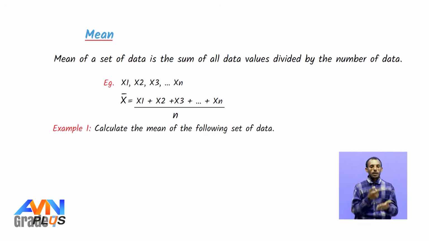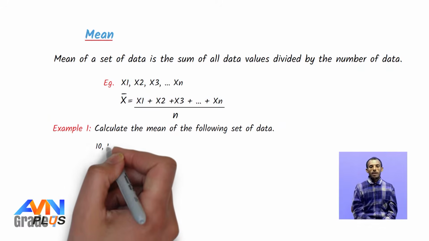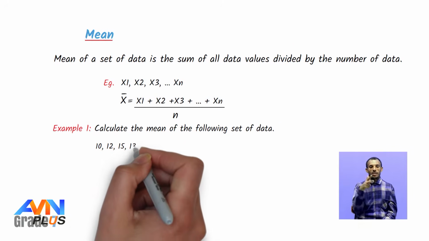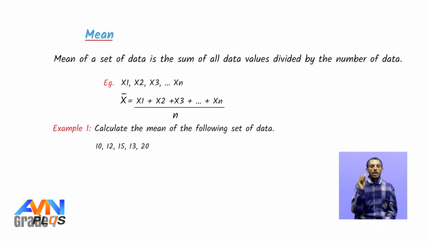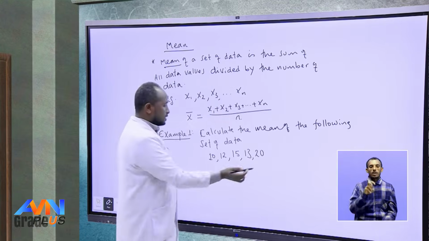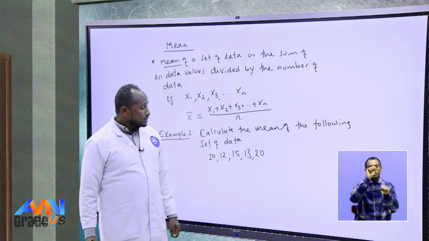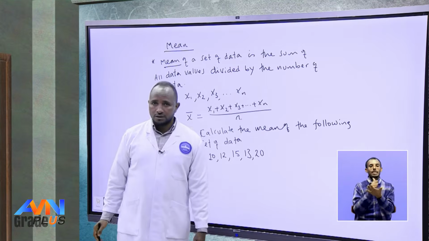Here we have this data: 10, 12, 15, 13, and 20. So this data set is given, and we are asked to calculate the mean of this data set.